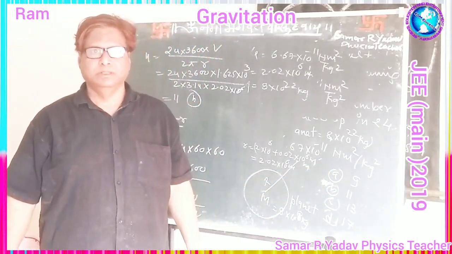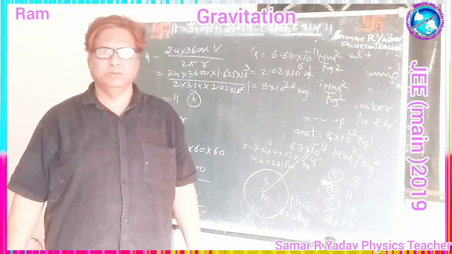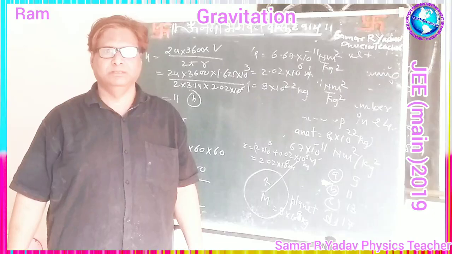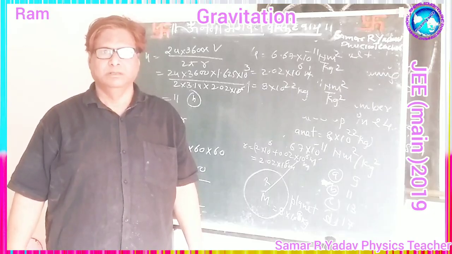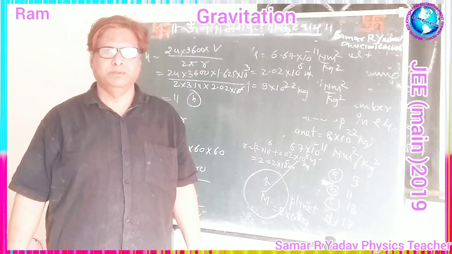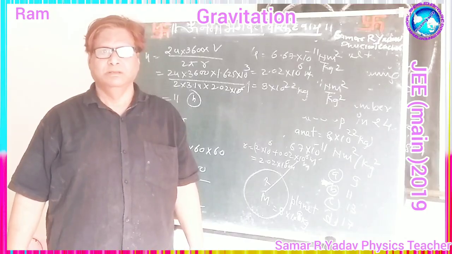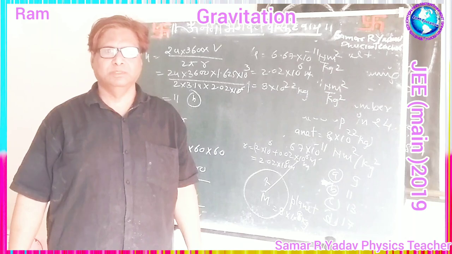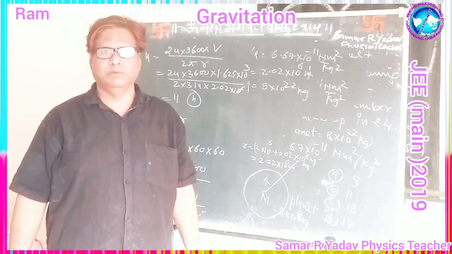So this is how to understand this multiple choice question. In this question, the spaceship is orbiting around the planet at a height of 20 km from its surface. The following forces are acting on it. First is gravitational force, F is equal to G m1 m2 upon r square, and similarly centripetal force m v square upon r.